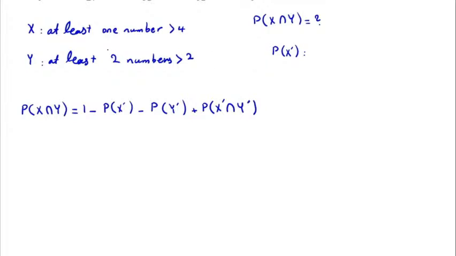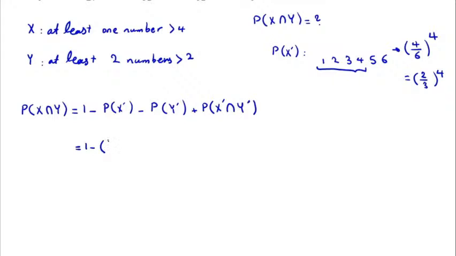X is that at least one number is greater than 4, so X prime is all numbers are less than or equal to 4. P of X prime will be 4 over 6 for each roll, the probability that all numbers are from 1 to 4. Because we roll it 4 times, it will be 4 over 6 to the power of 4, which is 2 over 3 to the power of 4. So let's write 1 minus 2 over 3 to the power of 4.